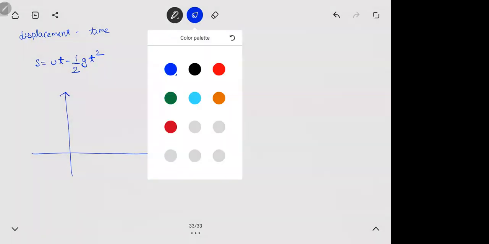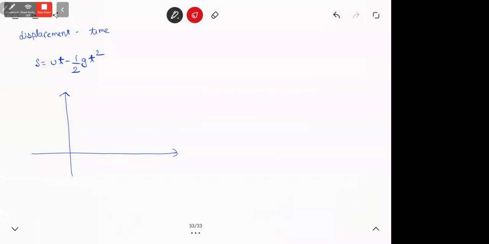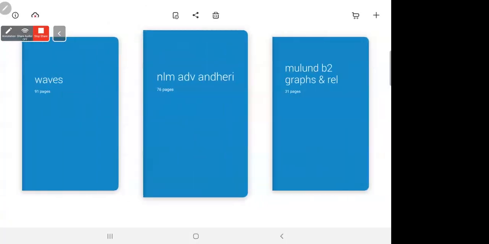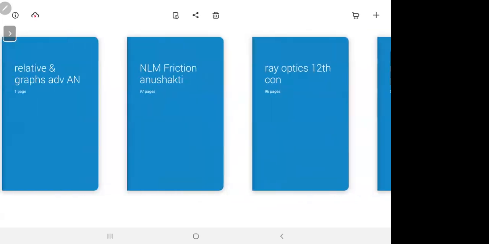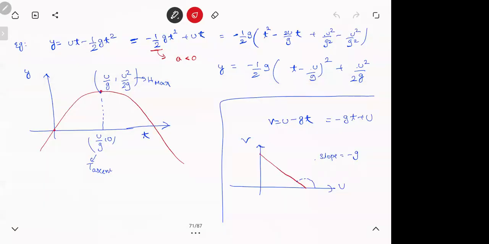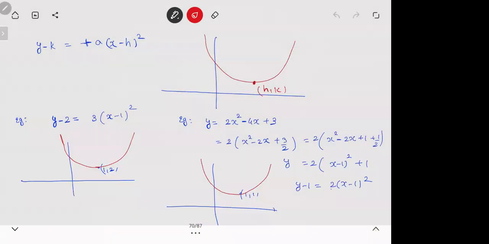If you remember this thing, I have taught you this graph. Remember this graph? I taught you this in parabola. While doing the parabolic curve, I gave you this as an example.